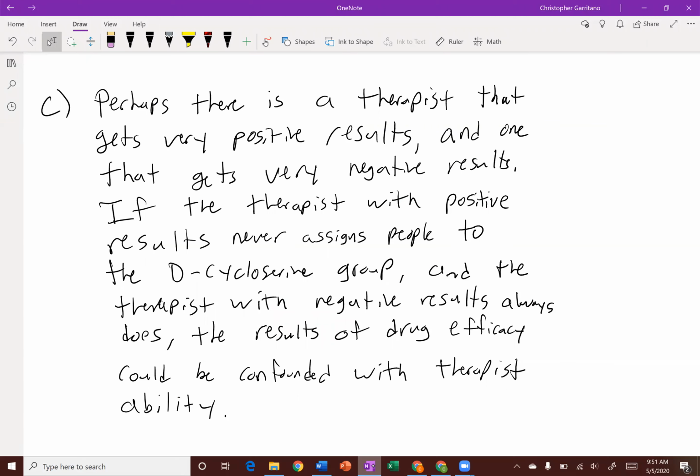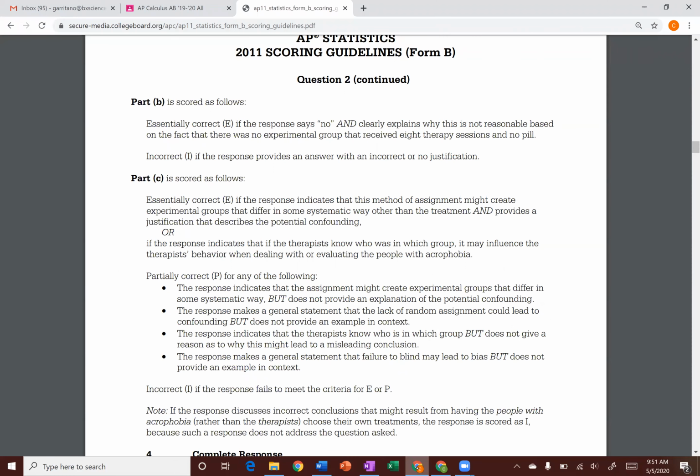I'm showing you this because I want you to understand that if your answer doesn't exactly match what is written in the sample response in the scoring guideline, that doesn't mean you're wrong, right? What you should really focus on is how the problem is scored.